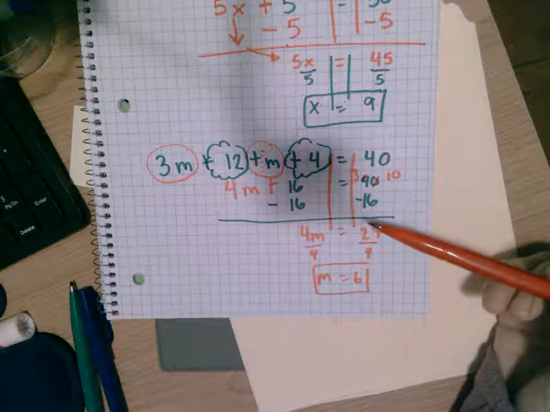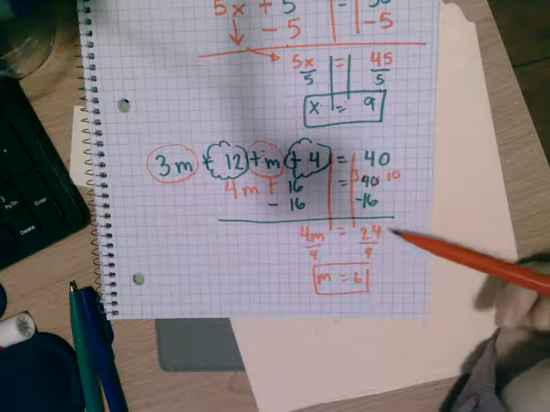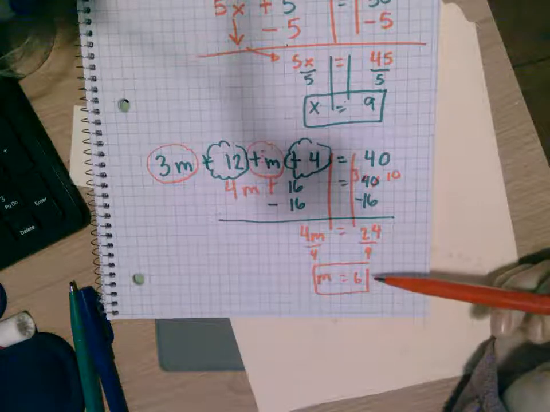So our last step is to divide by 4. 24 divided by 4 is 6.